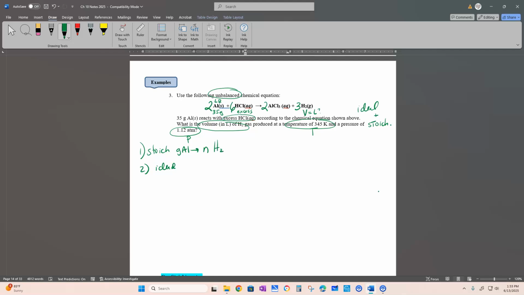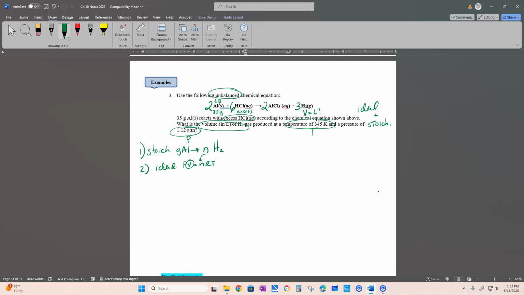And the reason why we want moles of H2 is because PV equals nRT. I need the moles so I can solve for volume. Can you use the ideal gas equation first and then do stoich? Absolutely. You could do either one, and I guarantee you're going to get the same answer. Okay? I always like to do stoich first and then do my gas law, but you guys can choose whichever way makes sense to you.